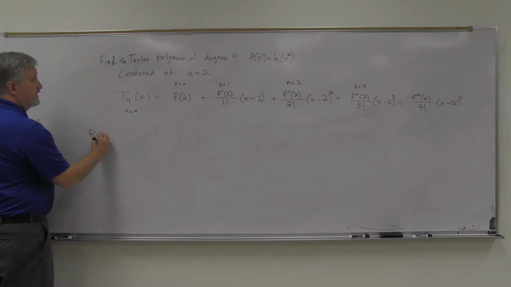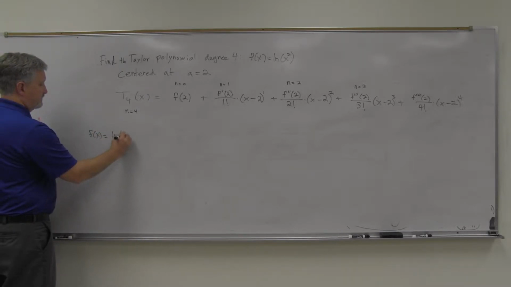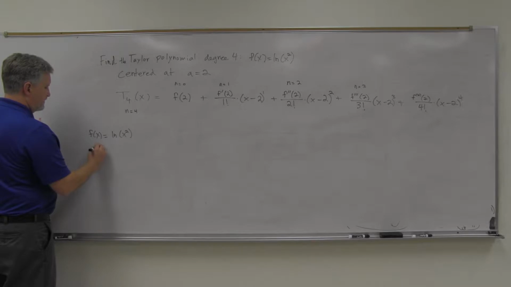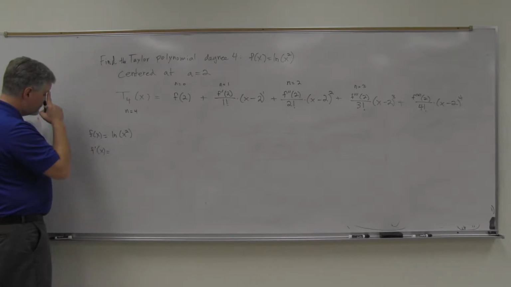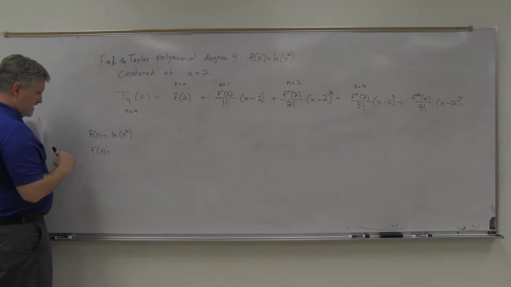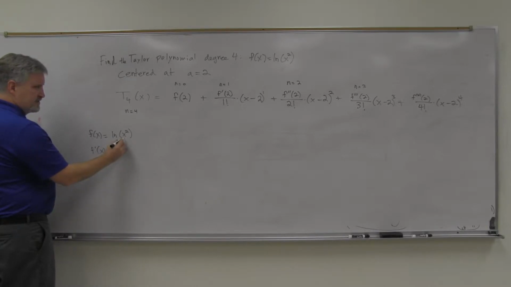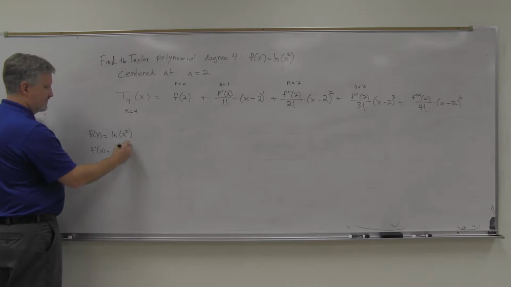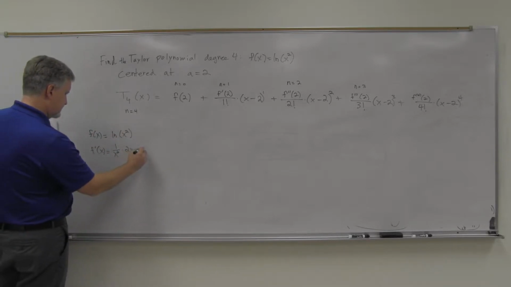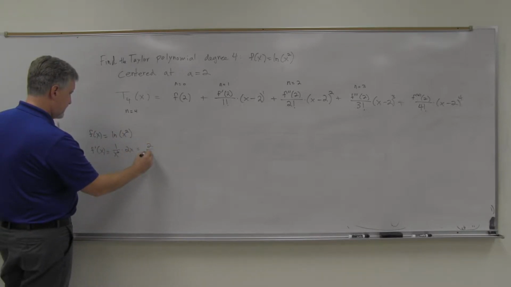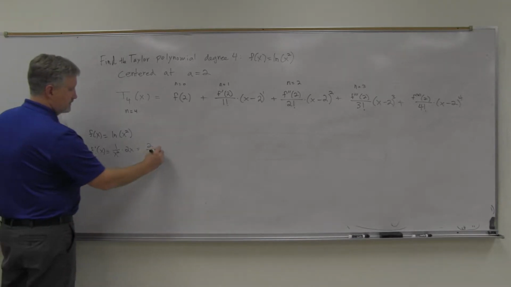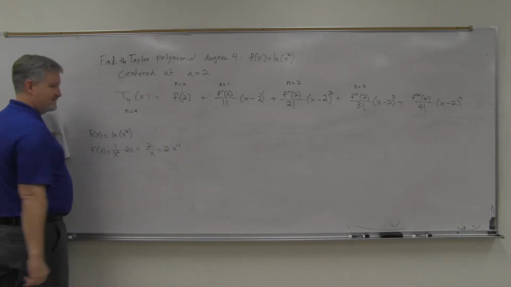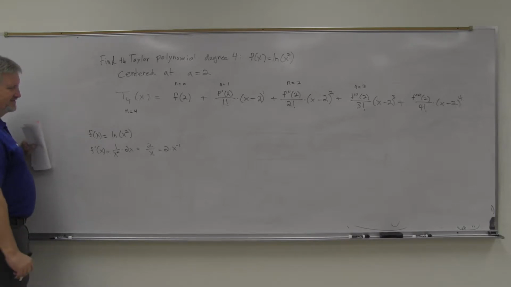All right, so if I've got f of x equals ln of x squared, what would the first derivative be? Well, 1 over x squared, but by chain rule, what do I have to multiply that by? 2x, the derivative of the inside. And that works out to be 2 over x, or 2 times x to the minus 1 for derivative purposes here.